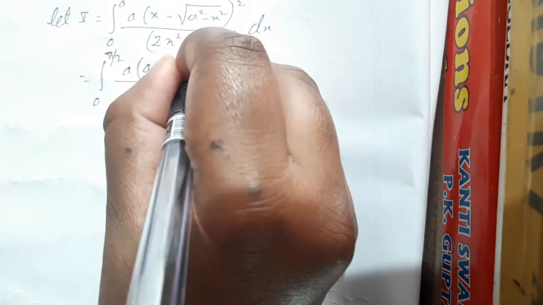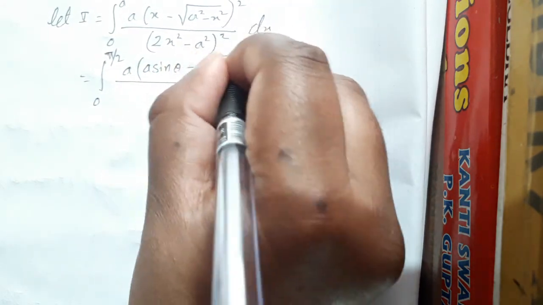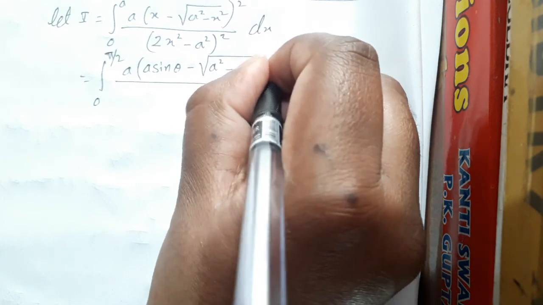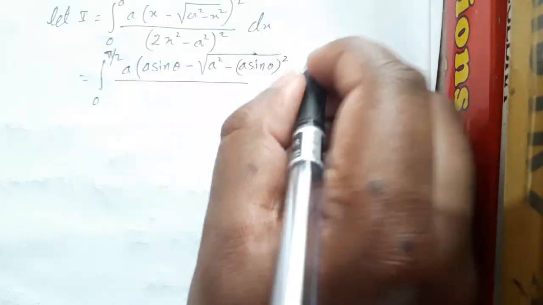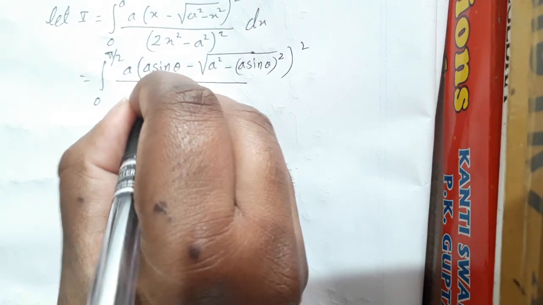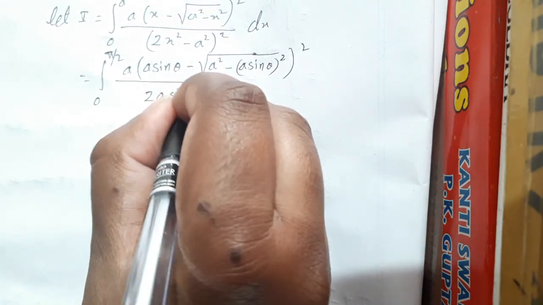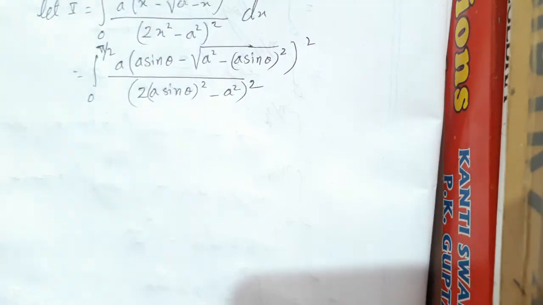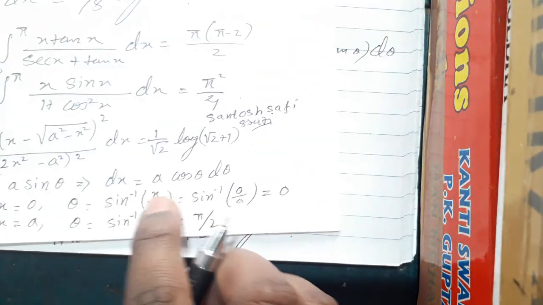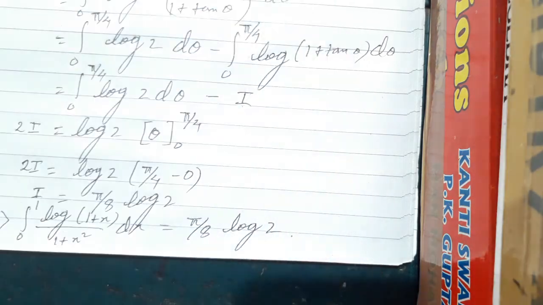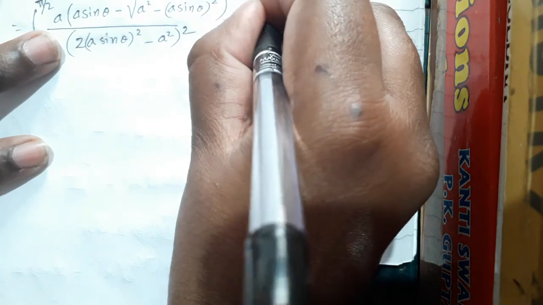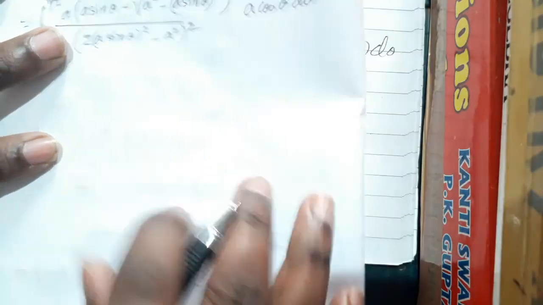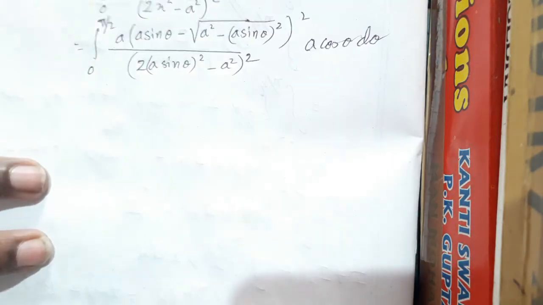So a sine theta minus square root of a square minus (a sine theta) square, whole thing square, divided by (2a sine theta) whole square minus a square, whole thing square, and dx is a cos theta d theta.